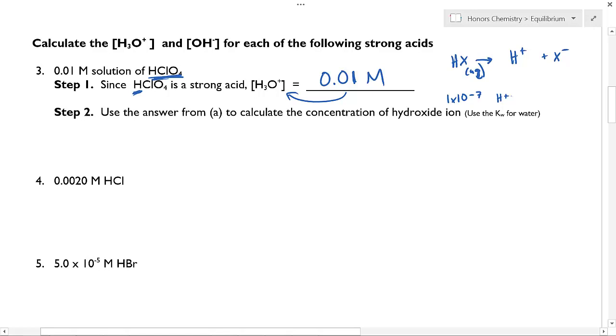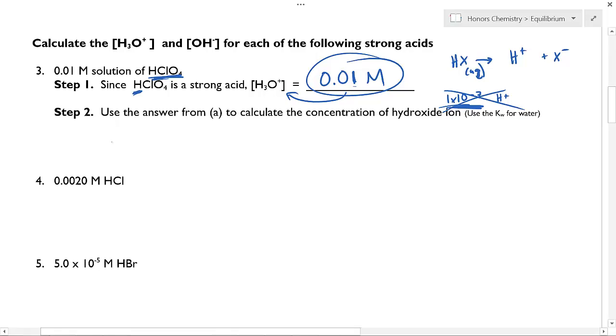Now if I add 0.01 moles per liter of H plus or H3O plus, this number here is so dwarfed and so insignificant that we ignore that and we say all the H plus really is going to be coming from just my acid. That other number is so small. So this is our concentration for H plus.